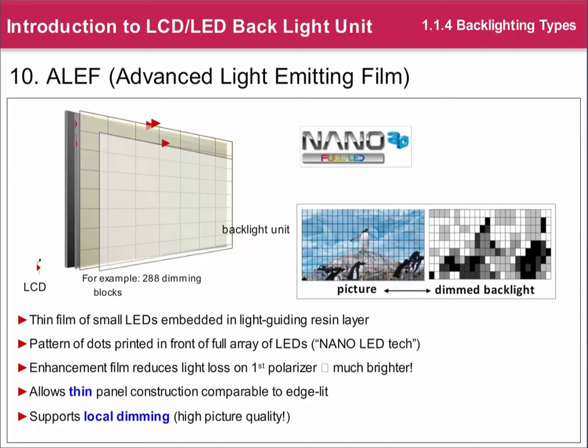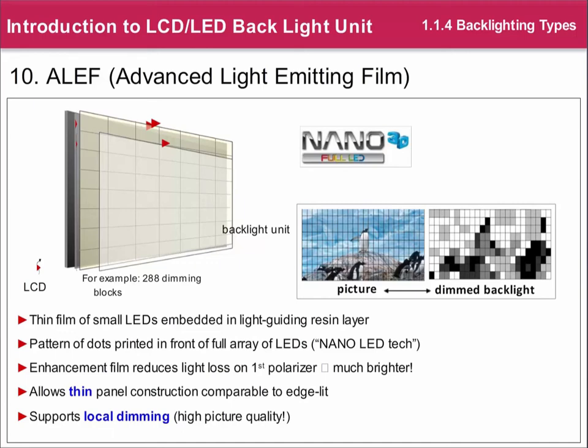ALEF, Advanced Light Emitting Film, is the LG unique LED backlight technology that combines the ultra-thin design of sleek edge-lit TVs with the picture quality of full LED slim panels. Nano LED lighting technology is an extremely thin film printed with minute dots positioned in front of a full array of LEDs.